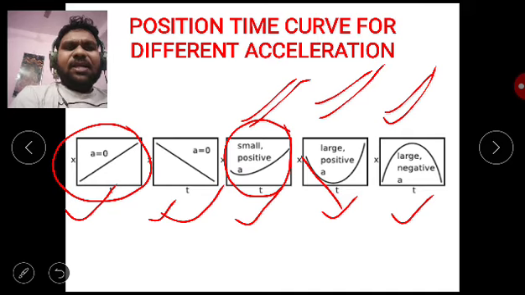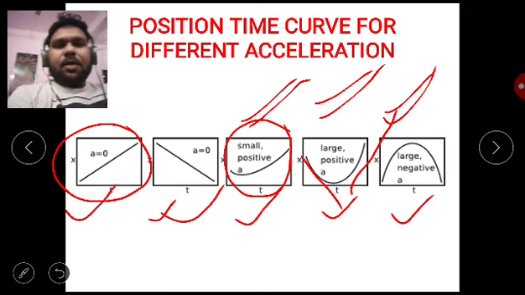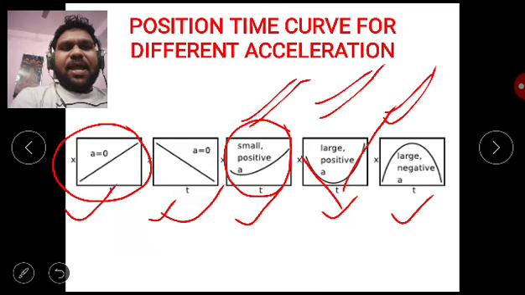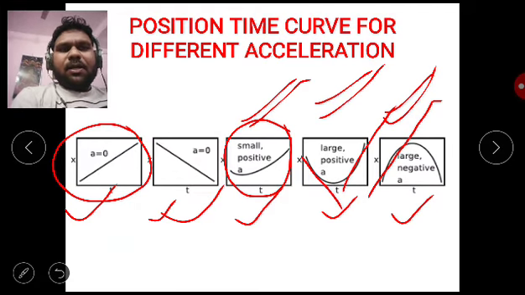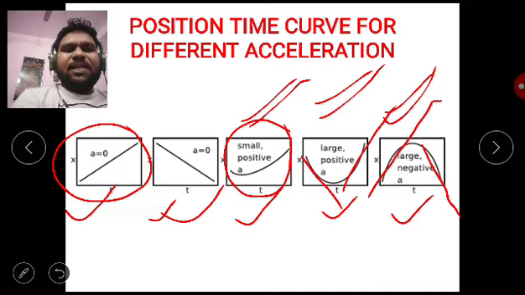Here we have some velocity and here we have another velocity, and it is increasing. So we have large positive acceleration. In the third case we have large negative acceleration. Like this is one tangent, so velocity will be positive, and here velocity will be negative, the direction will change, so it will be large negative acceleration.